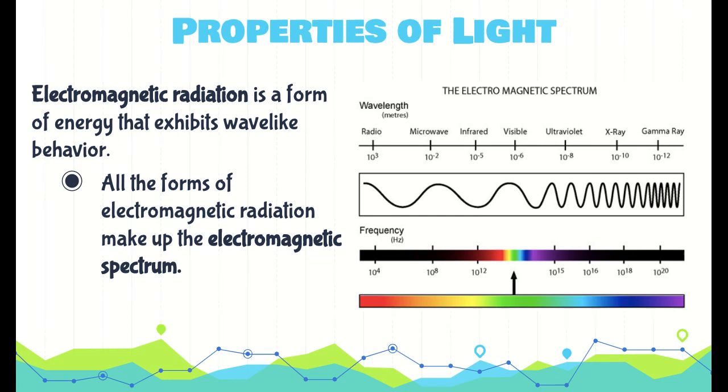And on the other end, where you have X-ray and gamma ray, the waves become more frequent, and in turn, the wavelength is smaller. If you see on the bottom of this picture, you have the visible light spectrum. There's just a small portion of electromagnetic waves that we can actually see as humans.